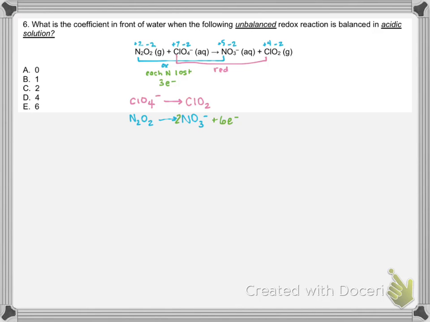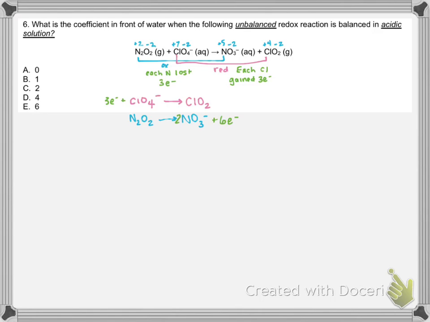And then for the chlorines, the oxidation number also changed by 3. So we can say each chlorine gained 3 electrons. So then we can add a 3 here. Okay, so now we've taken care of electrons and our atoms.